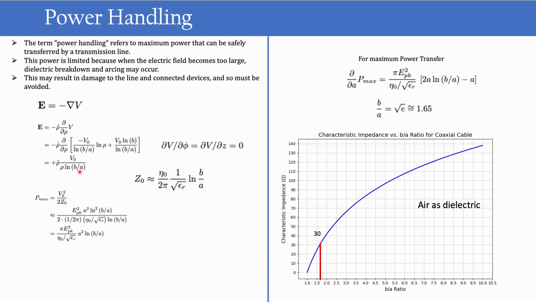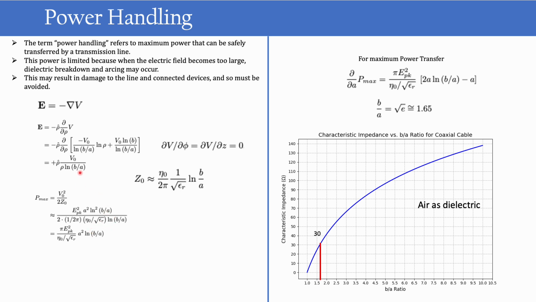Here also we can see that the electric field depends on the parameter b/a, and we can say that the maximum power is V0 squared by 2Z0. We can get V0 from this equation, and substituting this, we will get P maximum as pi E squared peak divided by eta 0 by square root of epsilon r into a squared ln b/a.